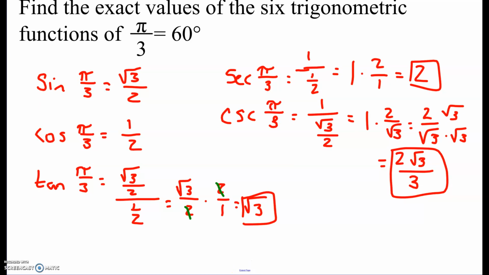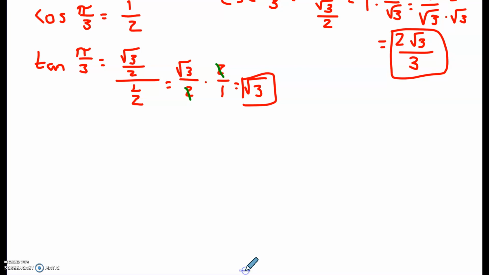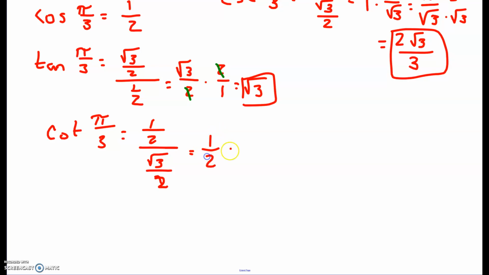Last function, cotangent. Which is y over x, in this case 1/2 over square root 3 over 2. Again, here we have a common factor of 2 that cancels.